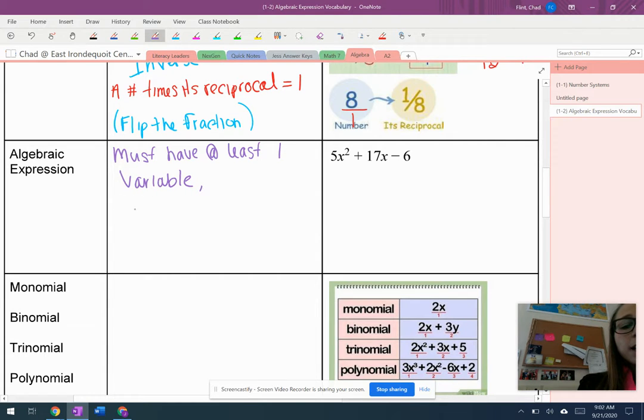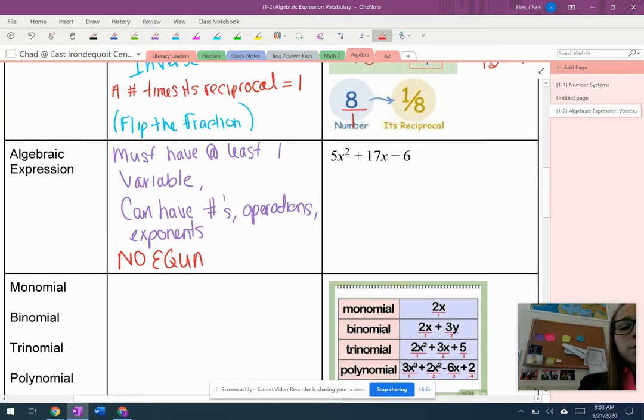It can contain numbers, obviously, operations: add, subtract, multiply, divide, exponents. What it can't have, though, because it's an expression, is an equal sign. And you'll see that in the example that I gave up there. It's got operations, variables, but no equal sign.